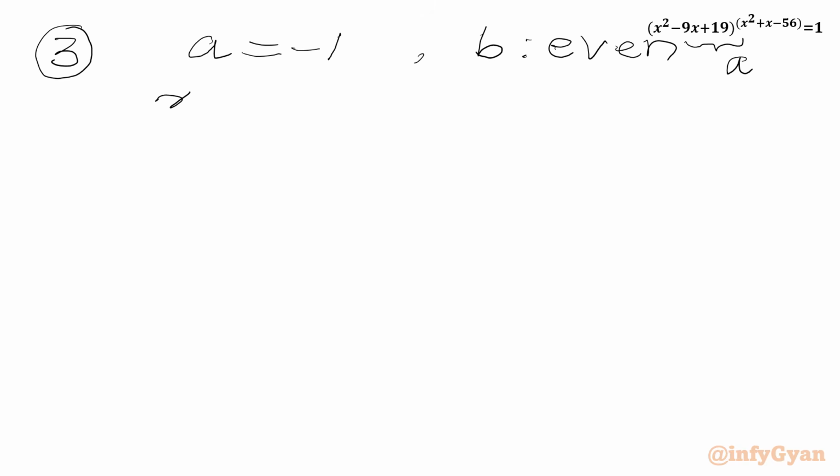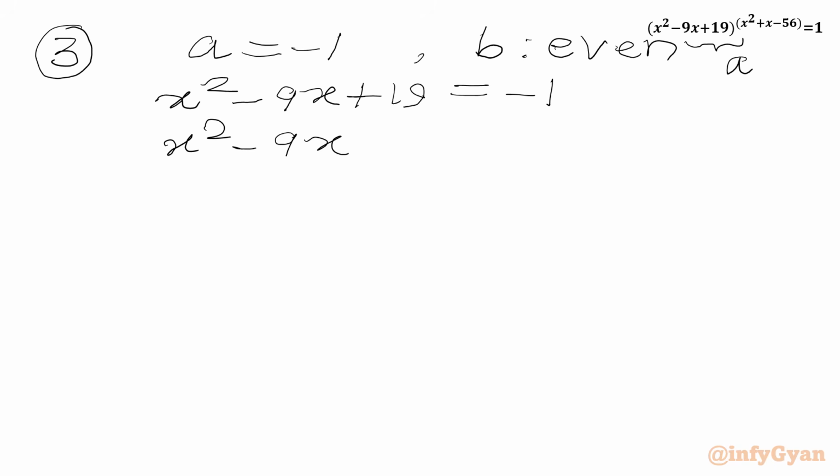So we'll write here x square minus 9x plus 19 equal to negative 1. Write all the terms in left hand side. x square minus 9x, 19 plus 1 is 20, equal to 0.